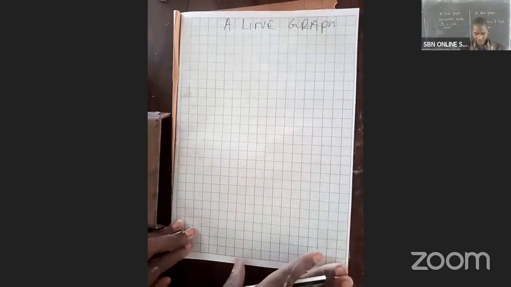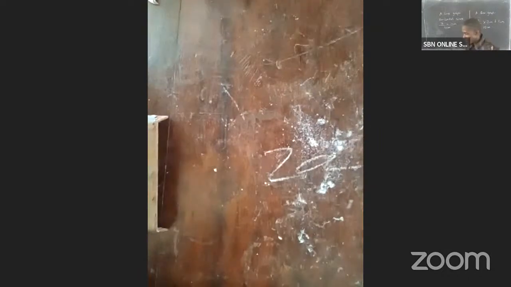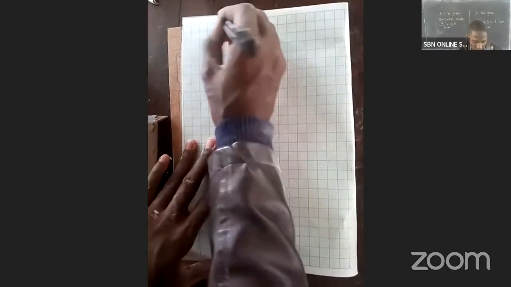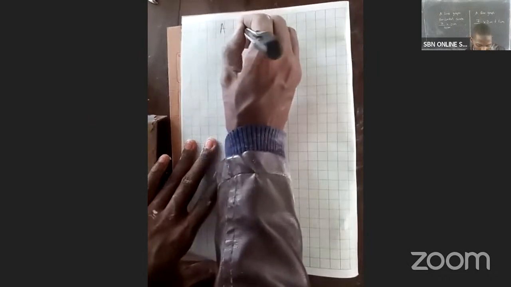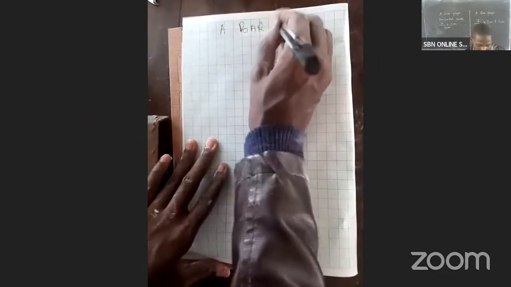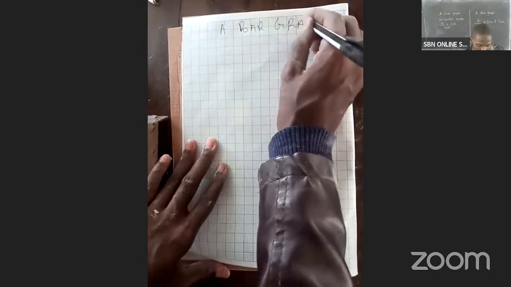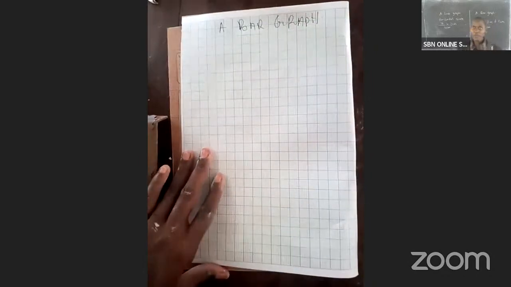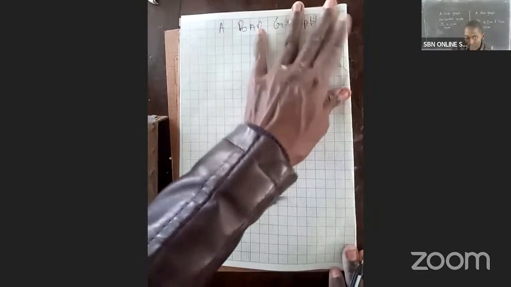Then on this side, we are going to draw a bar graph. Are you seeing here? We are going to draw a bar graph.